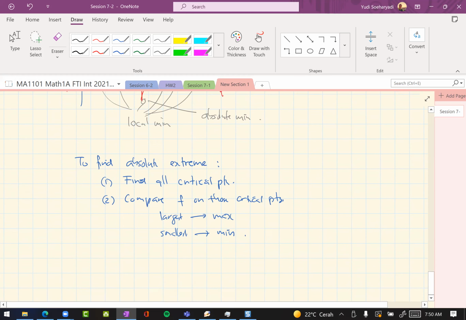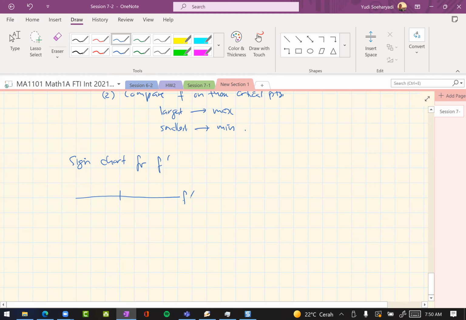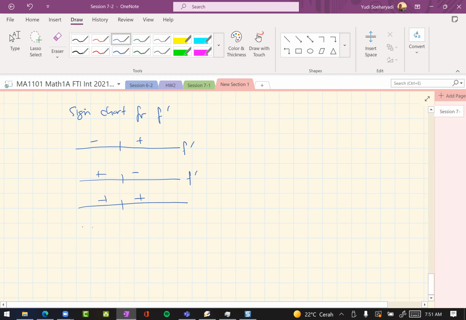All right. See by sign chart. Okay. So, for example, you have a sign chart like this one with this change of sign. This is plus minus. We have four types.